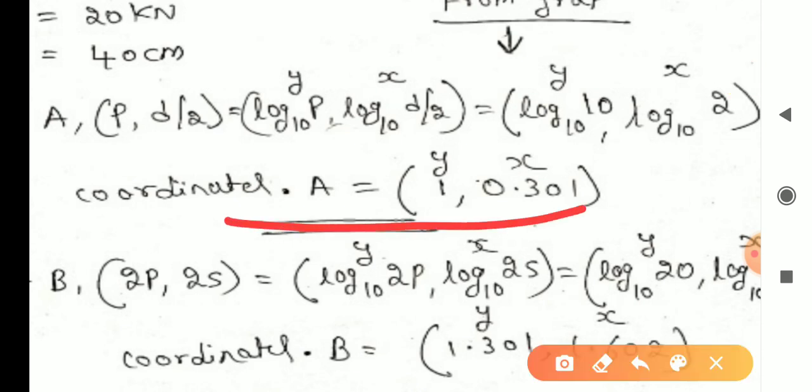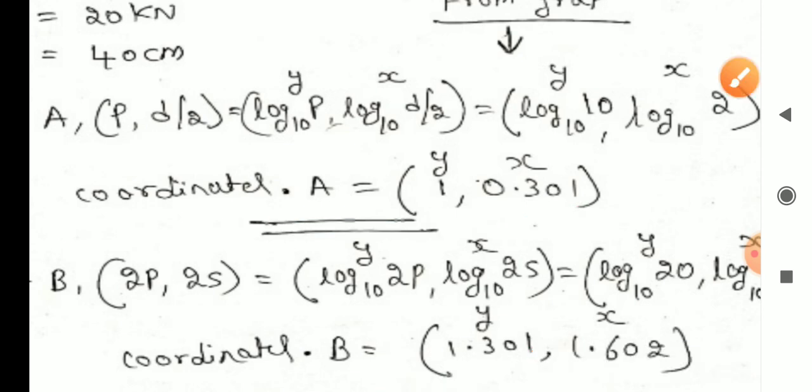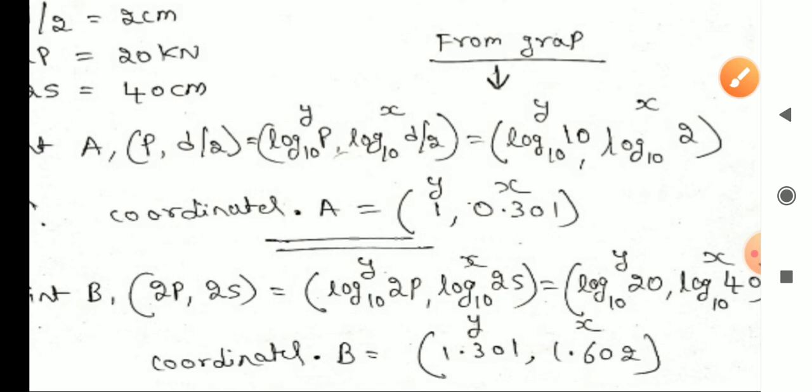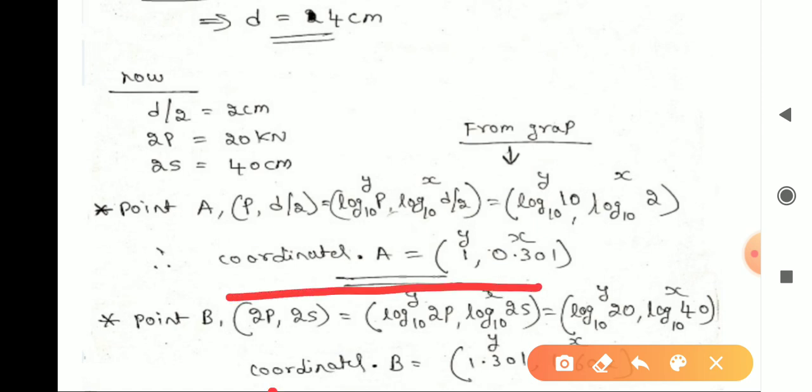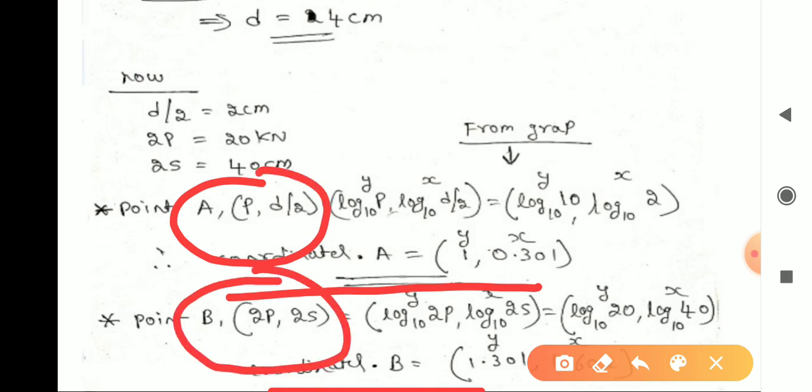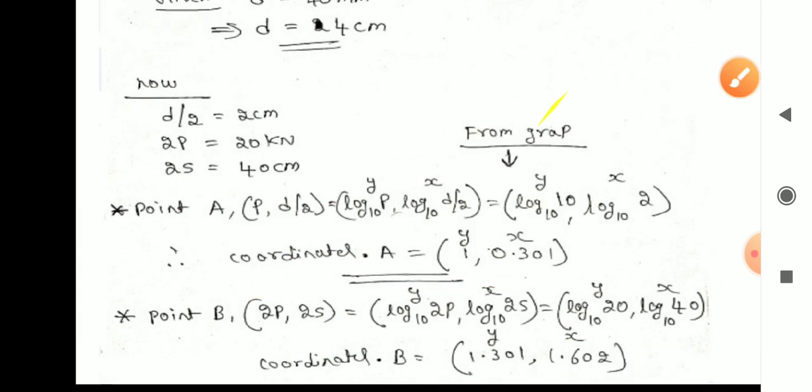Similarly here log 20 is 1.301 and log 40 is 1.602. Like that we have to find. That means first we have to find coordinates A and coordinates B using the point p comma d by 2 and point 2p comma 2s. This is the procedure.